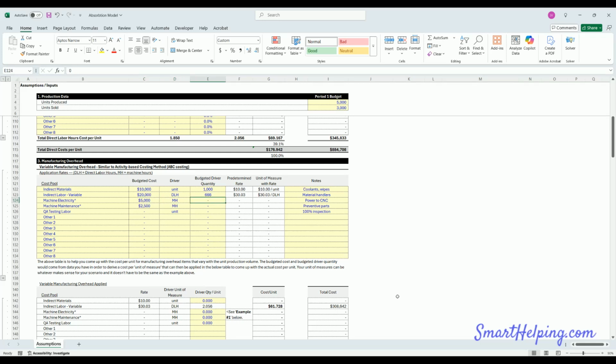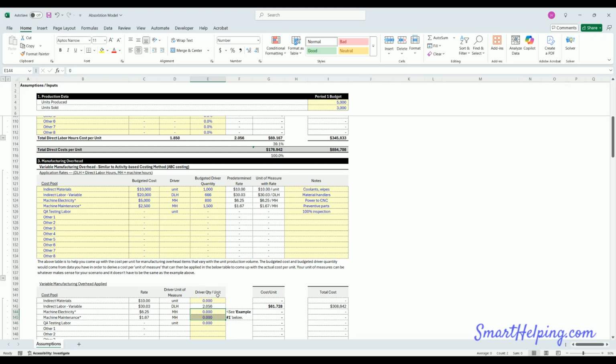So let's say this gives you 800 hours, and then maybe 1,500. So here now we're breaking down the cost of machine hours into cost per hour, so $6.25 per machine hour.